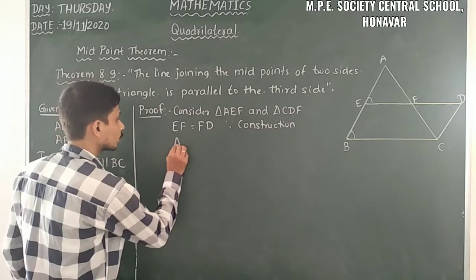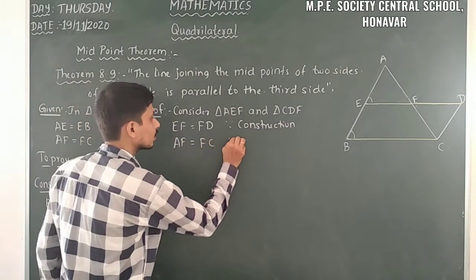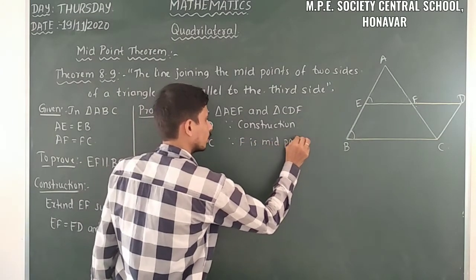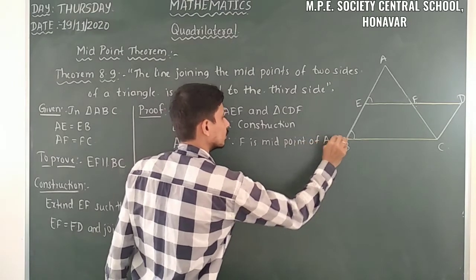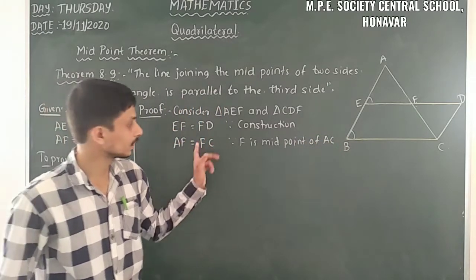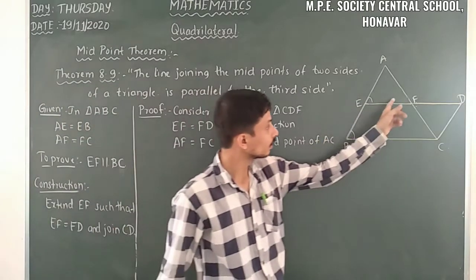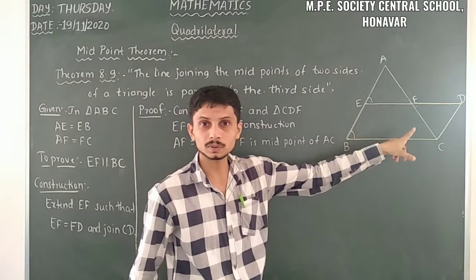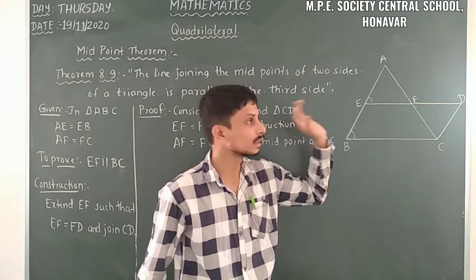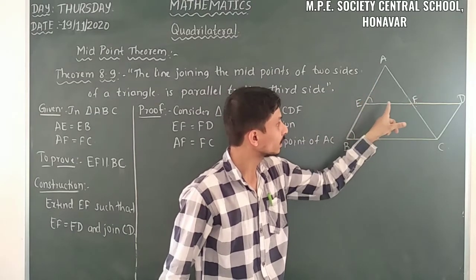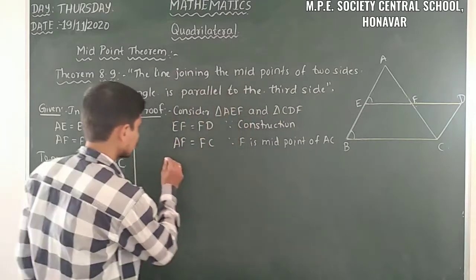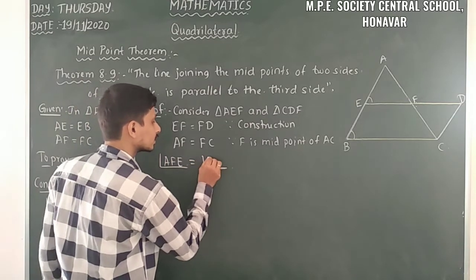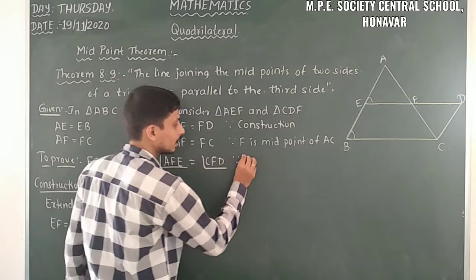Then a pair of vertically opposite angles are there. Angle AFE is equal to angle CFD, because they are vertically opposite angles.